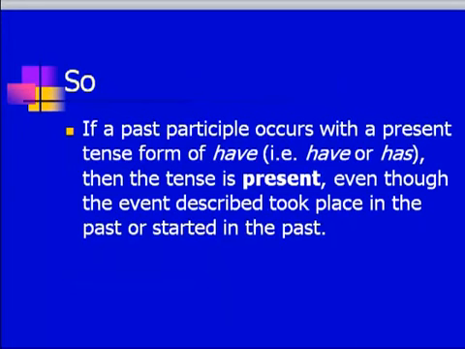Now you have to be therefore quite careful, because what you see is that a past participle or perfect participle, that's different names for the participle, can occur with a present tense form of to have, and the tense then is still present, even though the event described took place in the past or started in the past. So keep in mind that tense and time are not the same thing.